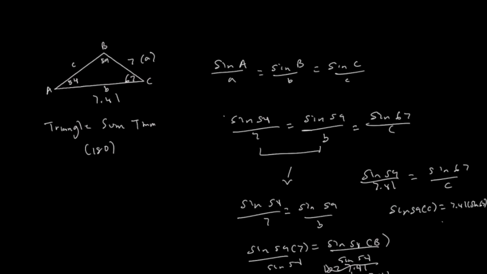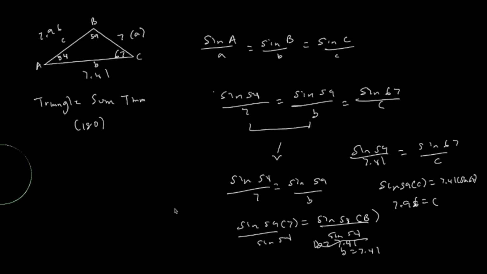Then if we do 7.41 times sine of 67 and divide it by sine of 59, we get a value of 7.96 for c. I'm rounding this to the nearest hundredth, but you should always round to what's given in the problem. So don't always round to hundredths or tenths. You want to make sure that it's listed in the problem.